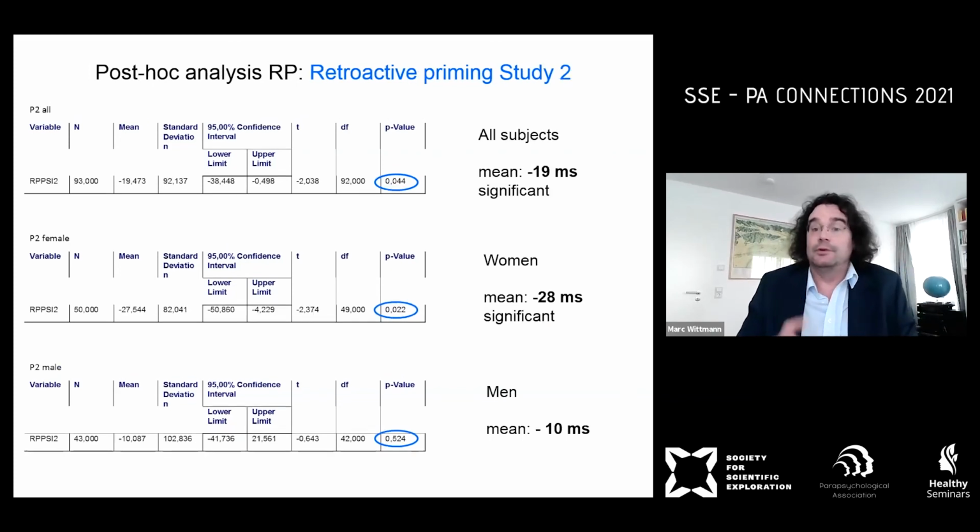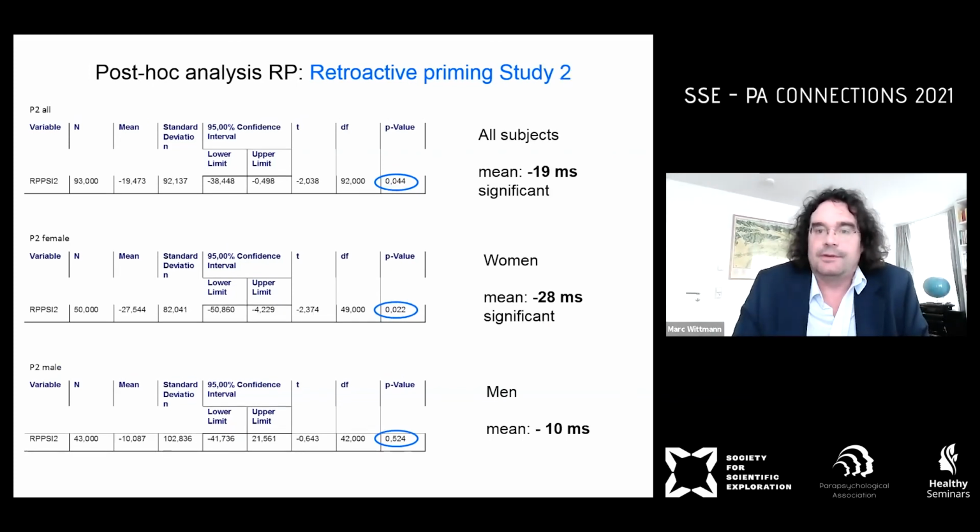Now for retroactive priming study 2, we get a different picture. We see now for all subjects a mean of 19 milliseconds, which is significantly different from 0. This is mainly driven by the women with minus 28 milliseconds, which is significant.